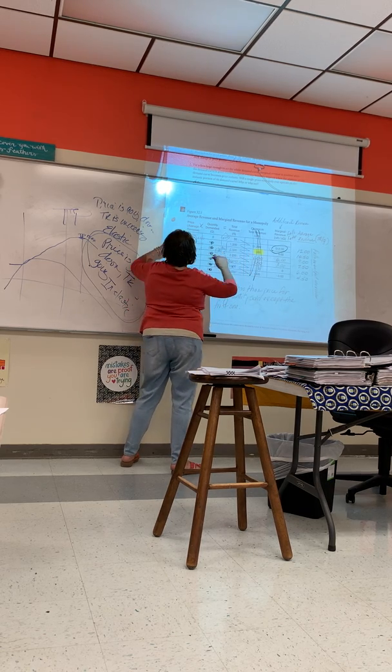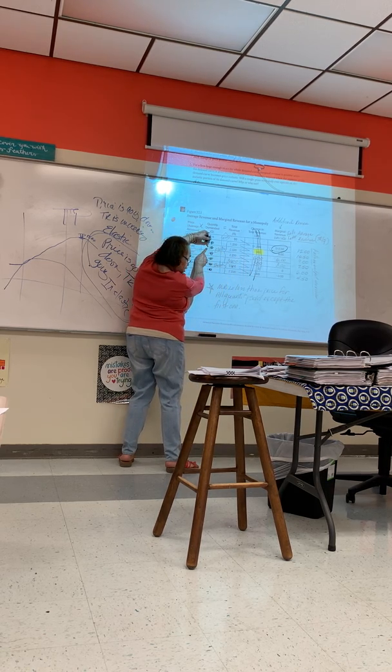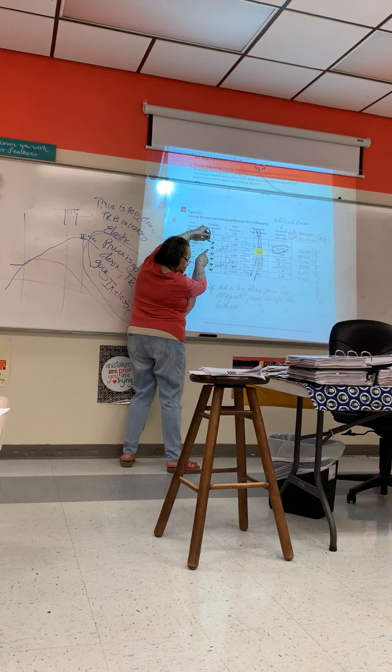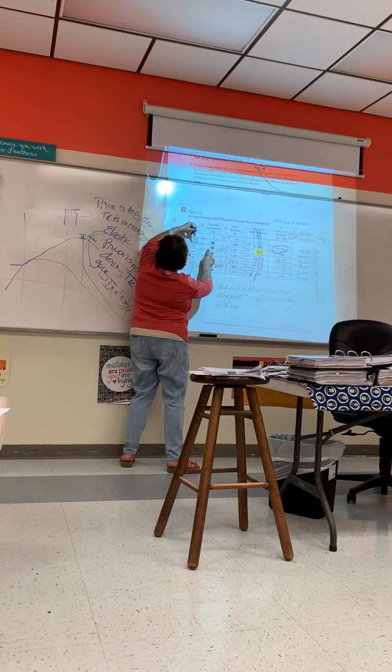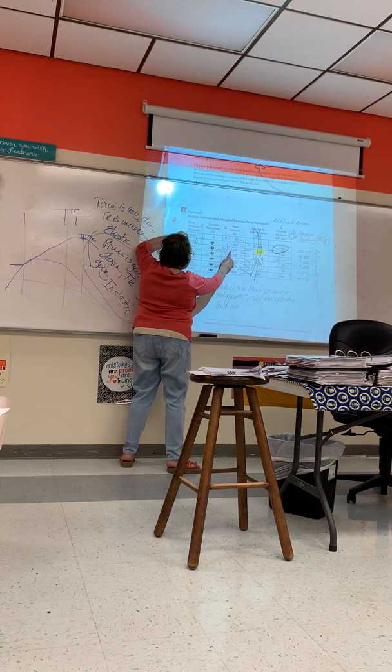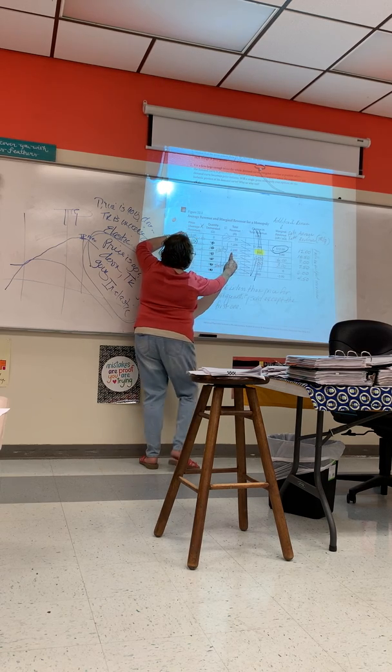Stay with me. So in order to sell my second unit, what did I have to do here? I had to lower my price. So now I'm selling 2 units at $10.50, which means I lost that $1.50 on this. Okay, hold up. In order to sell this second unit, I had to lower my price to $10.50. $10.50 times 2 is $21.